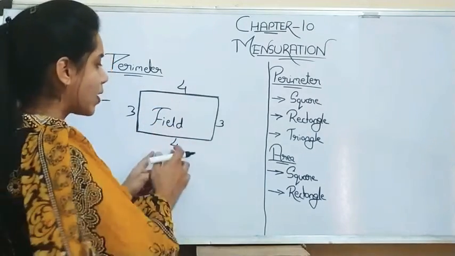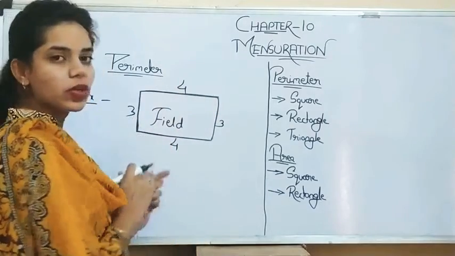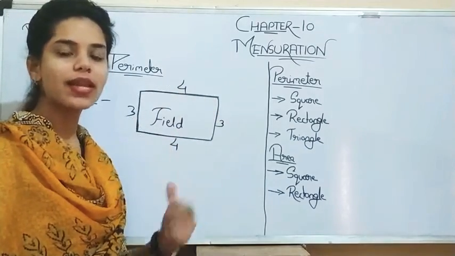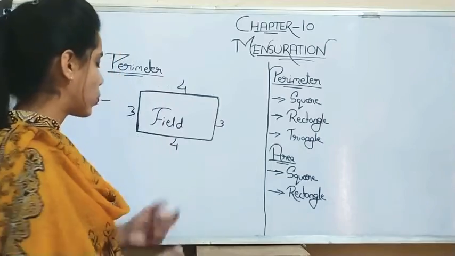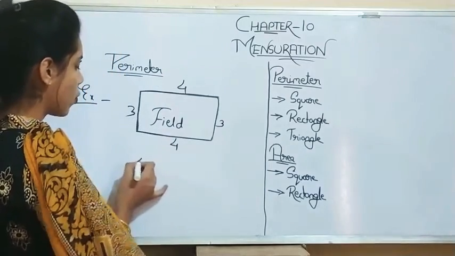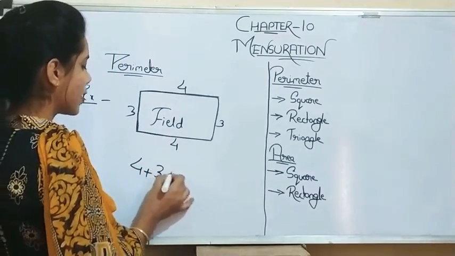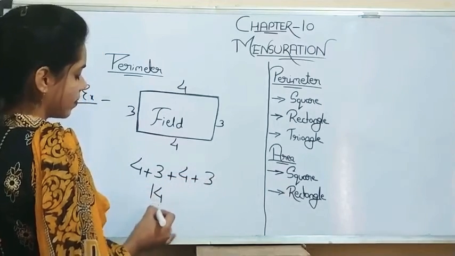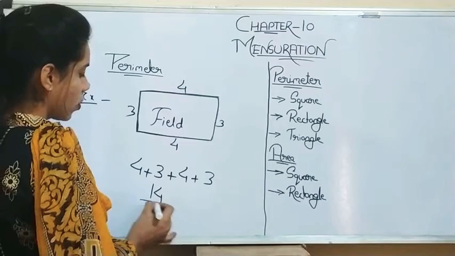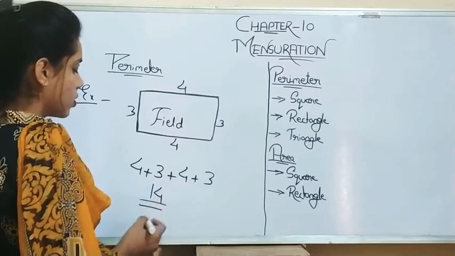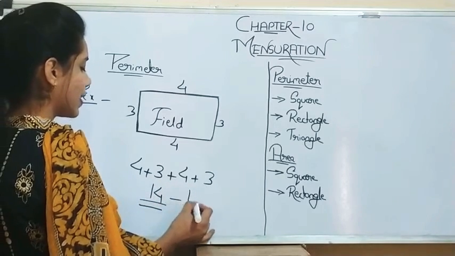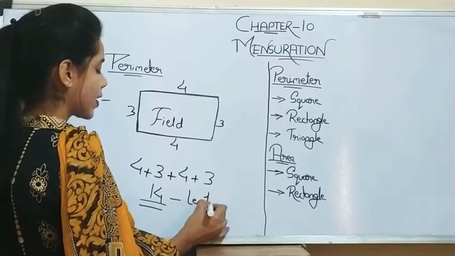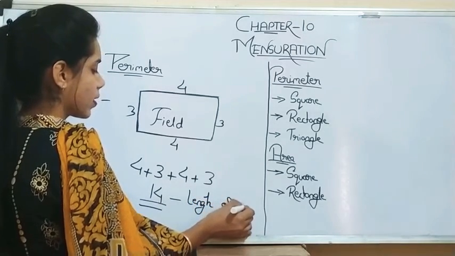If I add all these, we will get the total length of the wire. So the total length of the wire will be 4 plus 3 plus 4 plus 3, 14. So this will be the length of wire he will require.